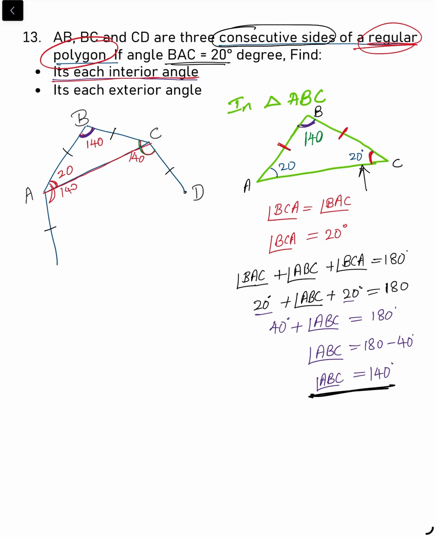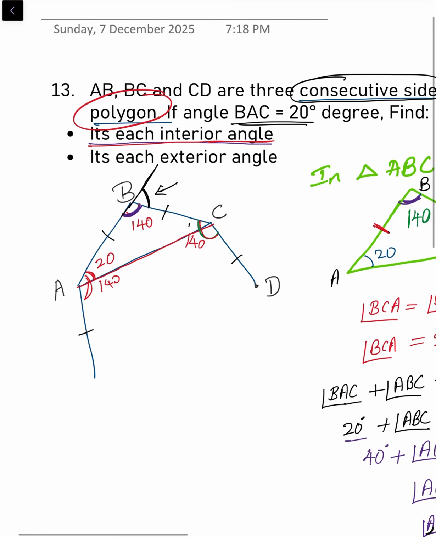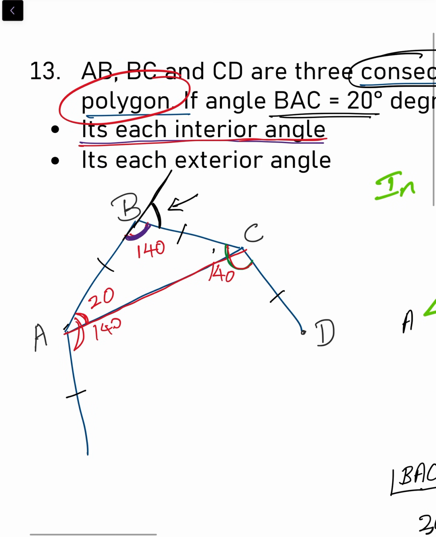Second, we have to find the exterior angle. How to find the exterior angle? You know that in a regular polygon, we can draw one line outside, and it is going to become an exterior angle. If you observe this line, if it continues, then what is the total angle obtained at B?